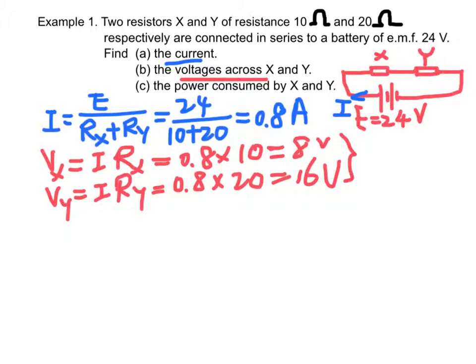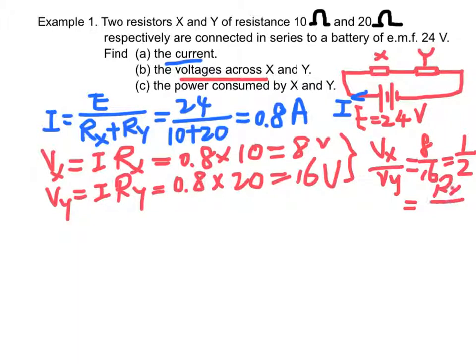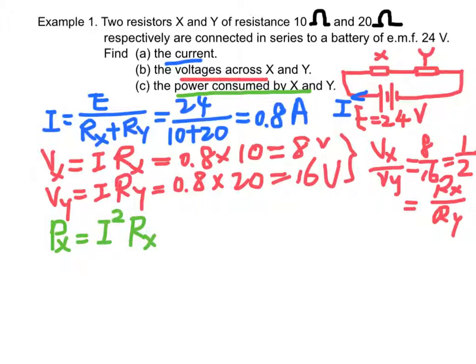Notice that the ratio Vx over Vy equals 8 over 16, which is 1 over 2, equal to the ratio of the resistance Rx over Ry, which you have learned on the last page. And the power consumed by X, Px, equals I squared Rx, which is equal to 0.8 squared times 10, which is equal to 6.4 watts.